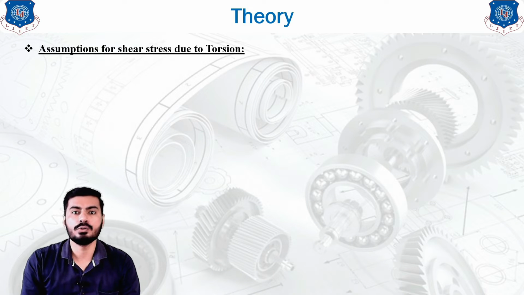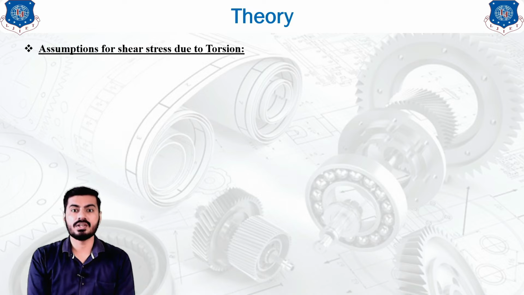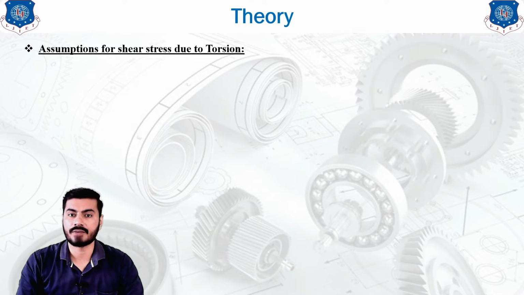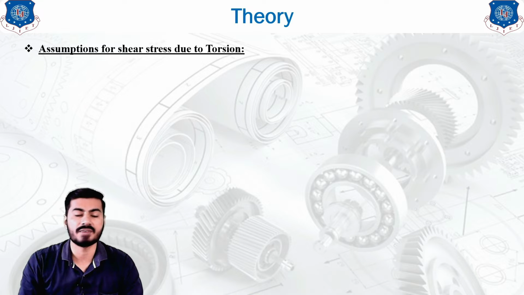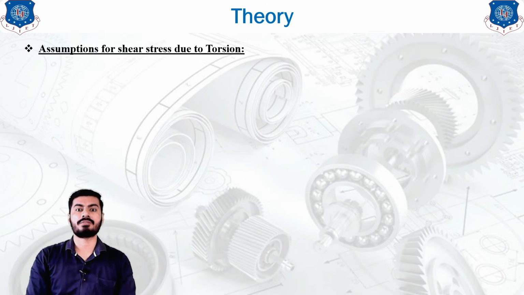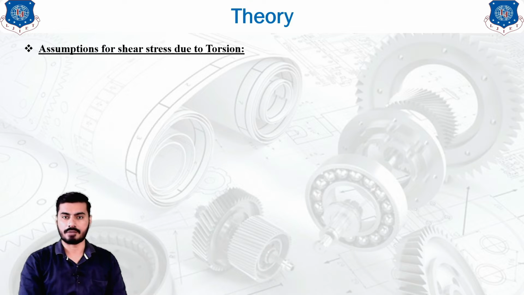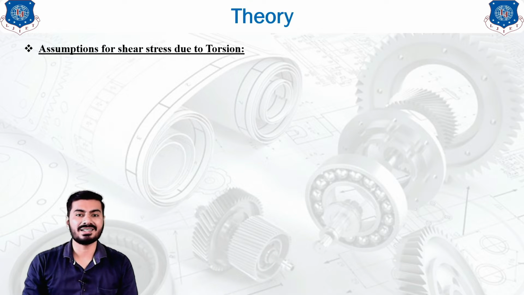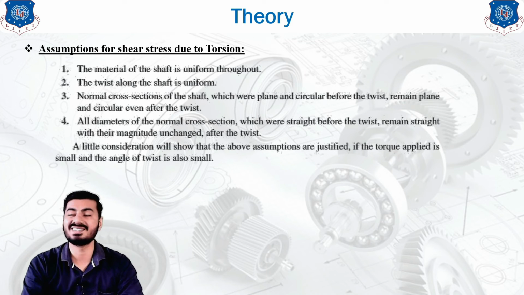That's why we need a few assumptions which will simplify the equation of the shear stress, so that we can understand the design method of the shaft. So let's see what assumptions can be asked in your examination to design a shaft in the torsion phenomenon.